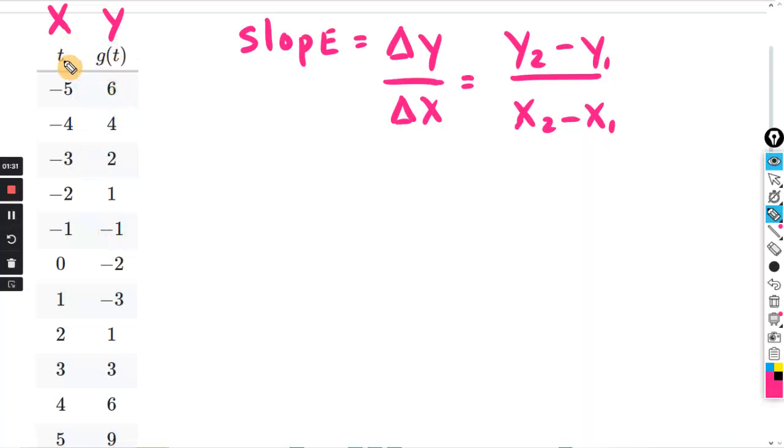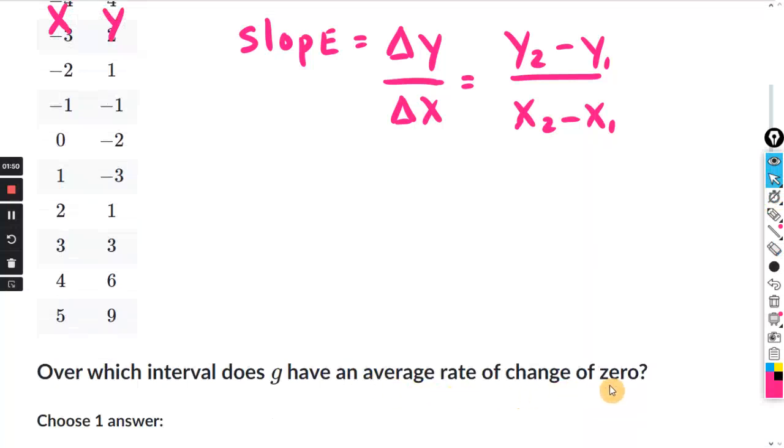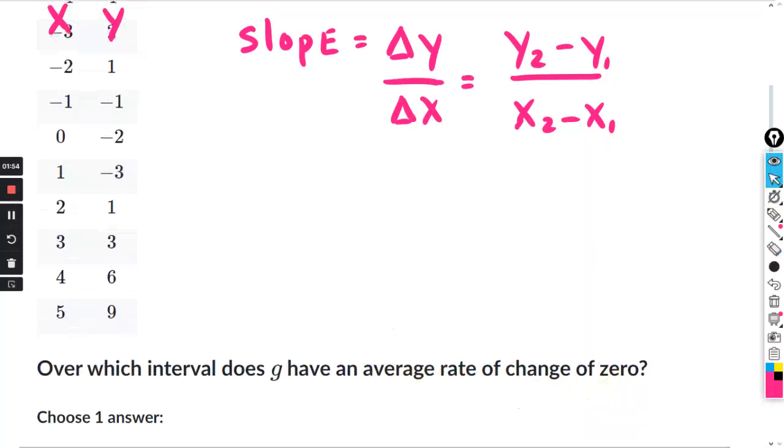So this is t and this is g of t, which means you plug t into the g function in order to get an output. We're looking to find where the average rate of change, the slope, is 0.